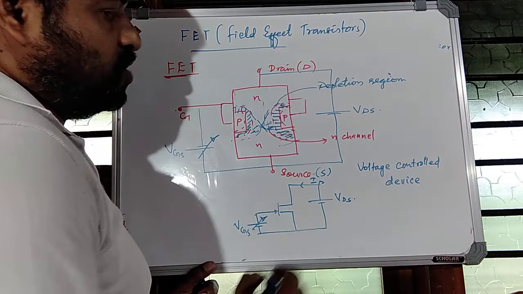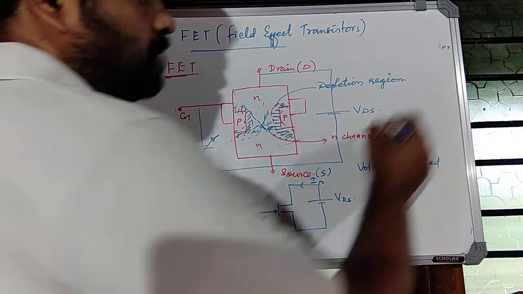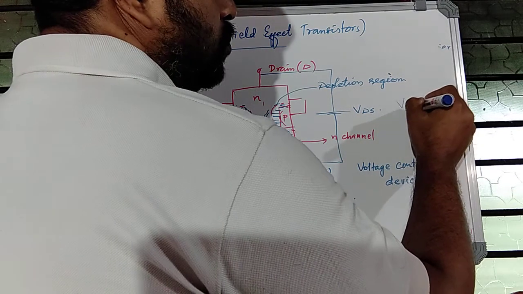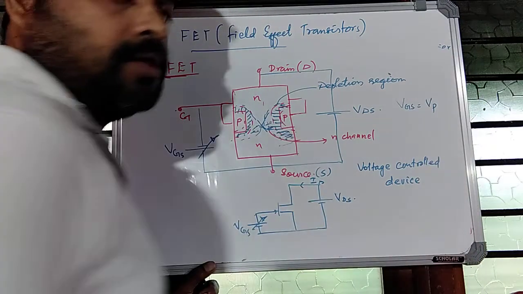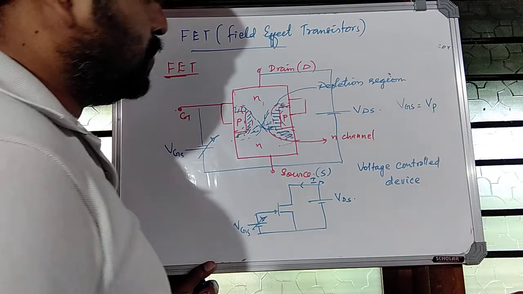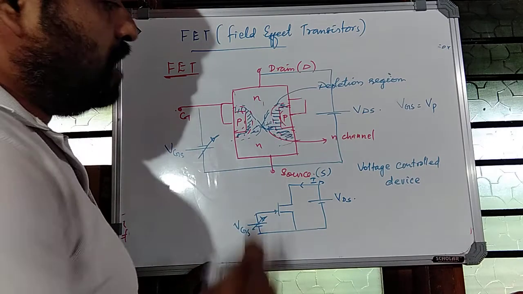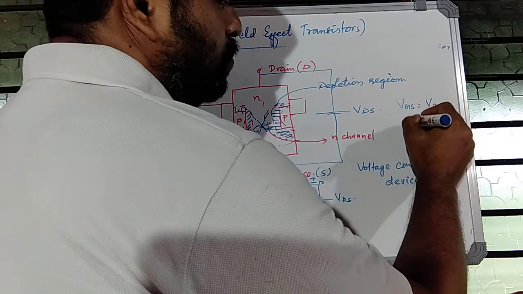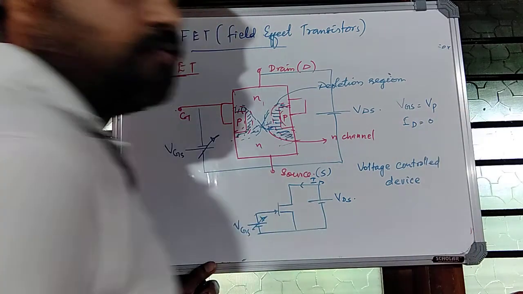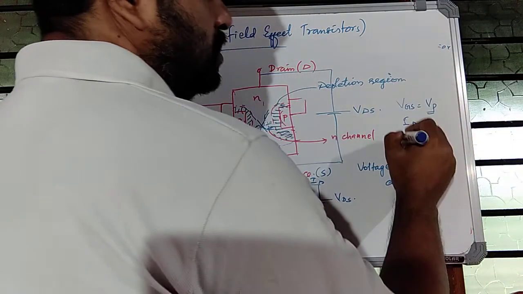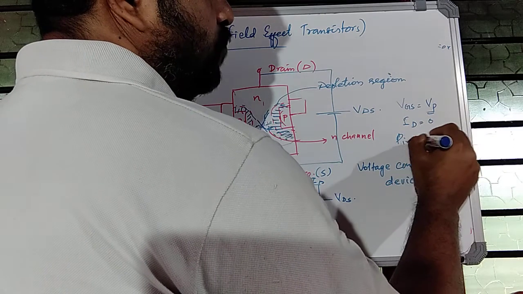So current becomes zero when VGS equals VP, the depletion region width increases so that channel width becomes zero, and at this condition ID becomes zero. So ID is zero when VGS equals VP, and this voltage is called the pinch off voltage.